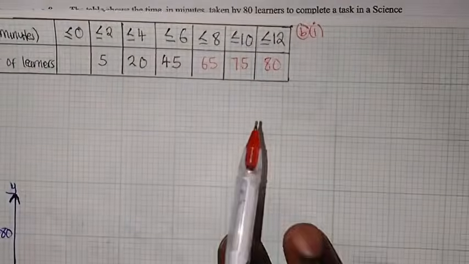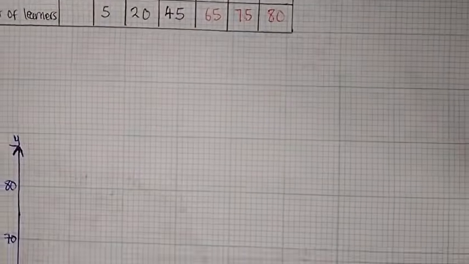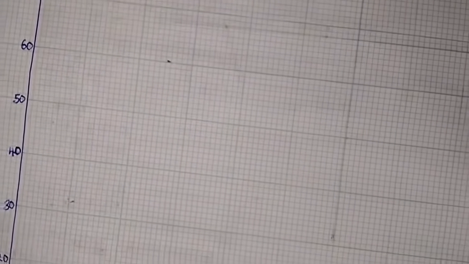So you are going to present this information on the graph like this, as you can see. I'm sure you are able to see. So this is the y-axis. You can see there is 80, 70, 60, there is also a 50, a 40, a 30, right here there is 20, then a 10.